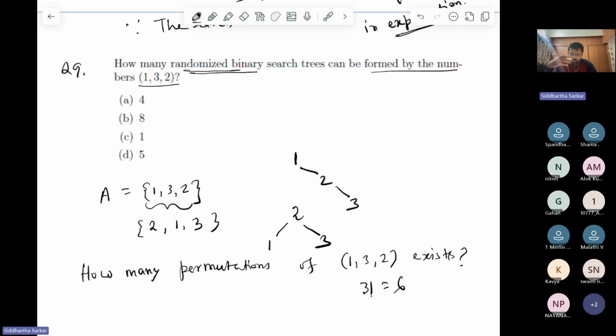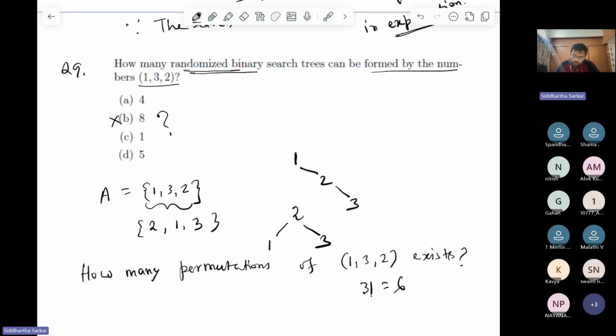So for the 6 permutations, we'll get 6 binary search trees, but 6 is not in the options. The number is not more than 6, so we can definitely rule out 8. The question is whether it is 4, 5, or 6.